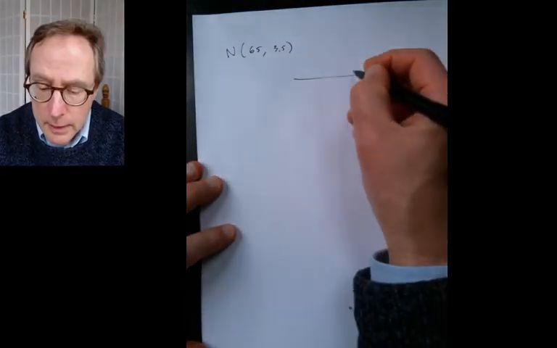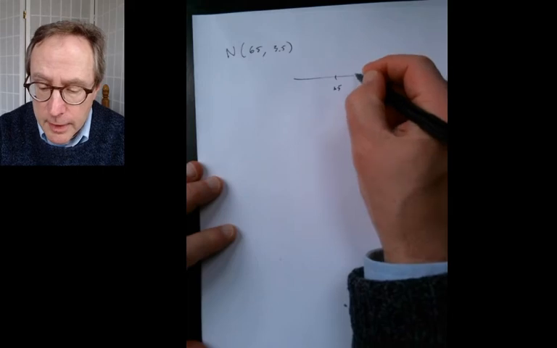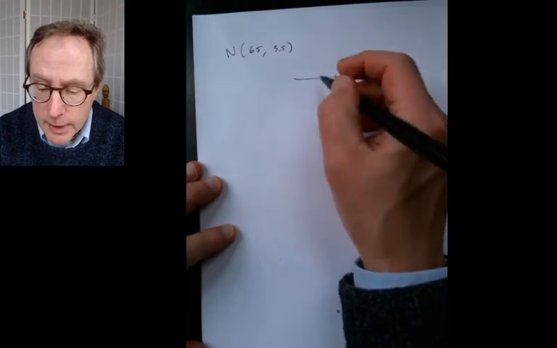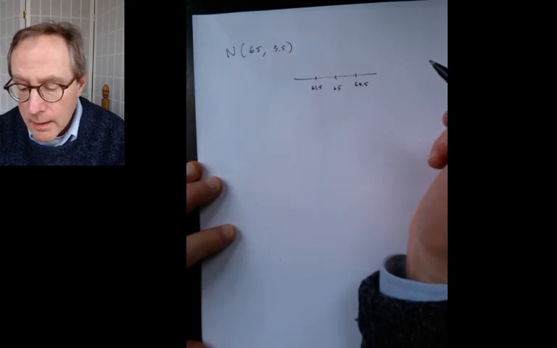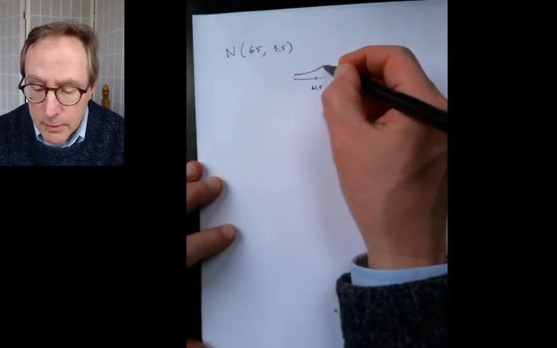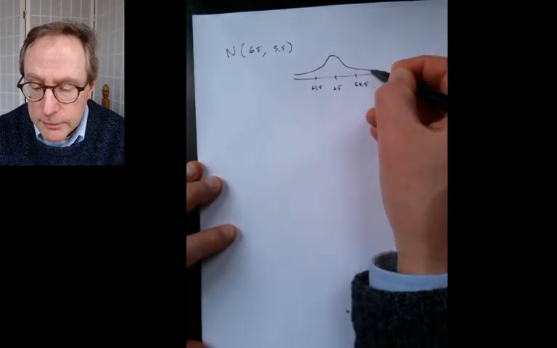When I drew it, I had a 65 there and a 68.5 and a 61.5, and I got a bell curve. I'm not a very good curve drawer, that's for sure.